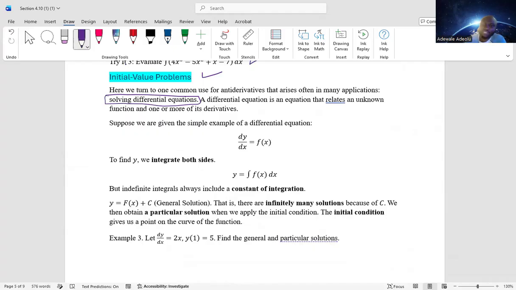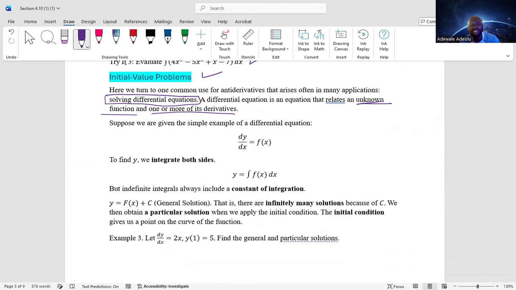A differential equation is an equation that relates an unknown function and one or more of its derivatives. It is simple. Suppose we don't know some function, let's say f of x.